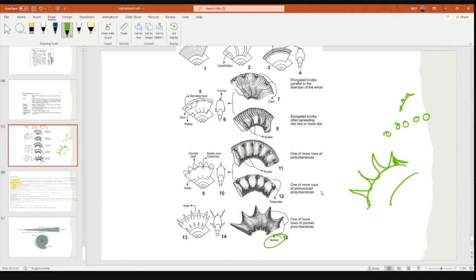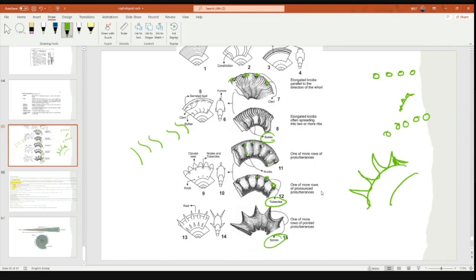And you can see this is the knob, and bulla, which is quite like this structure, okay, a knob-like structure. And these are clavi, which are also a kind of knob, not spherical but elongated. These are all elongated. And these are tubercles, which are quite circular.